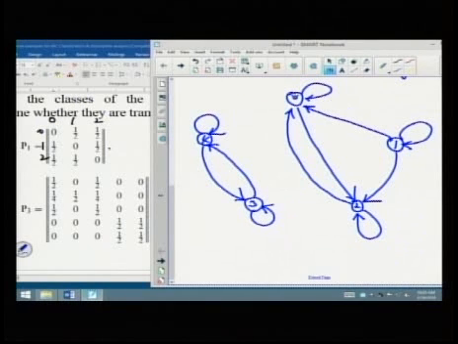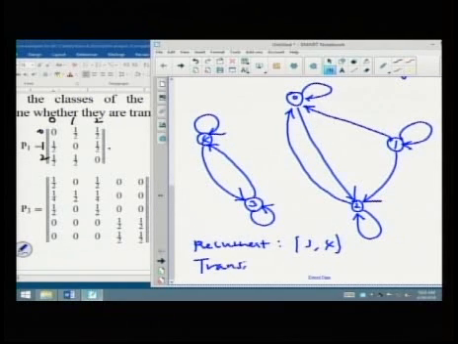So obviously, the class of 3 and 4 are recurrent states, right? 3 and 4. And then, how about this? You gotta be careful here. Since state 1 is transient, right?